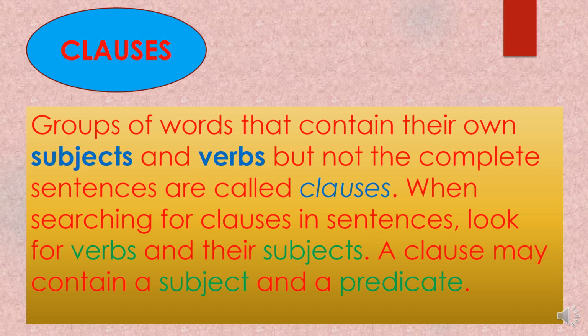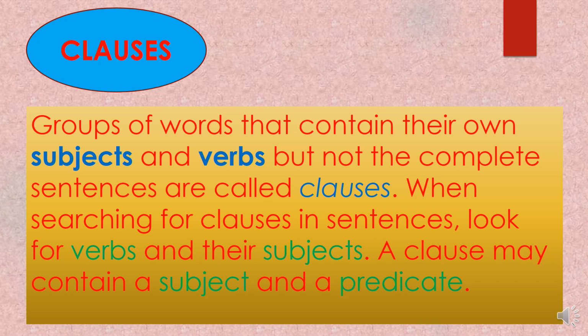These are called clauses. So what is the condition for a group of words to be called a clause? That it must have a subject. Subject is the word that the sentence is about, and verbs are the action words. When searching for clauses in sentences, look for verbs and their subjects.